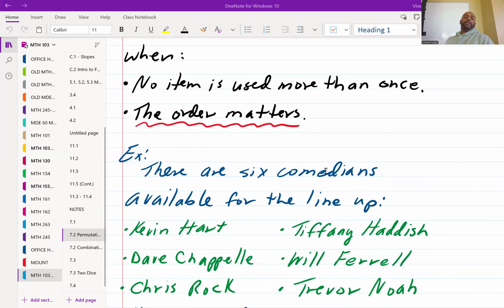So we have 6 comedians that we're looking to arrange in a lineup. They're going to perform. We have Kevin Hart, Dave Chappelle, Chris Rock, Tiffany Haddish, Will Ferrell, and Trevor Noah.